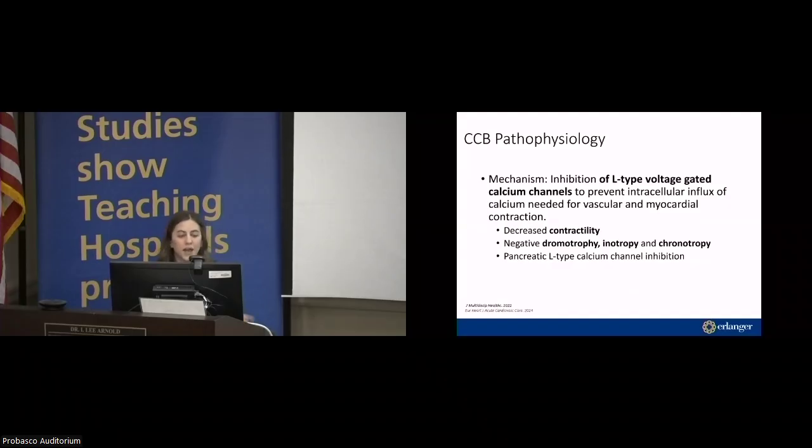An additional effect is pancreatic L-type calcium channel inhibition, which is important for the presentation specifically of calcium channel blocker overdose. In addition, as you take in more of these specific agents, your kinetics can switch to zero order. So you're going to have a prolonged half-life of the agents, the higher the level that you ingest.